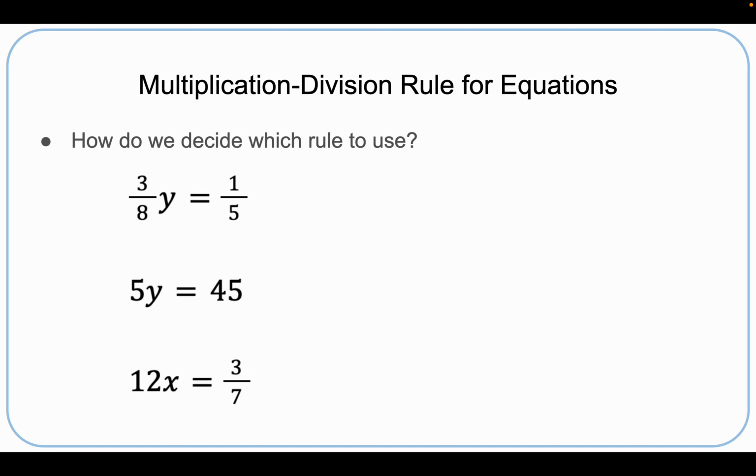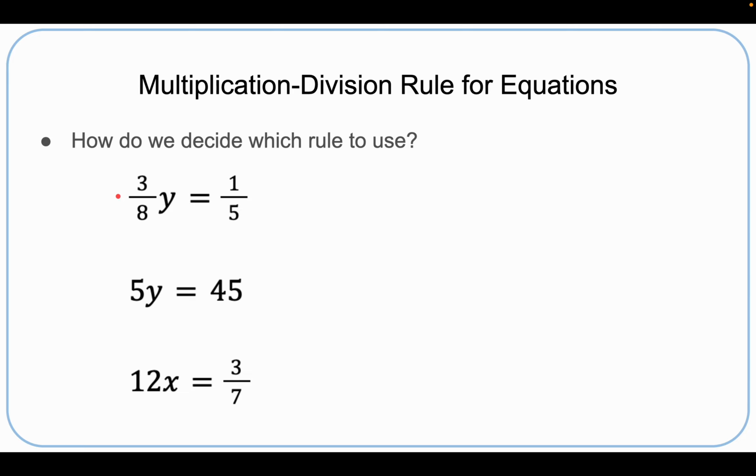So when we're trying to solve equations, how do we decide which rule to use? Because obviously you will get the same answer no matter which rule you use, whether you use the division or the multiplication property. How do you know which one to use? Basically, just look at it and see which one's easier. Just like when we looked at that last problem, it just looked easier to just divide by 8 instead of multiplying by the reciprocal.